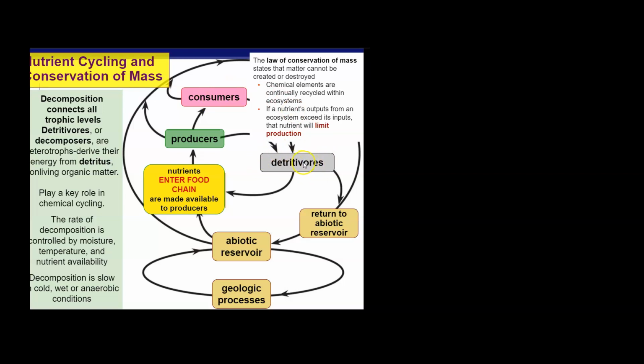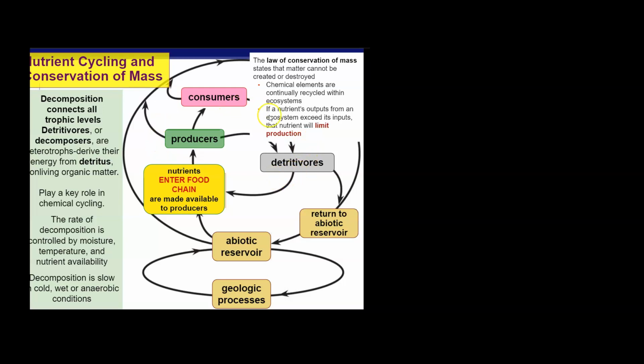So decomposition is going to connect all of the different levels within an ecosystem, all the trophic levels, because they're going to be the ones that are able to take the nutrients and put them back into the food chain. So they're able to break down whatever chemicals we are looking at in terms of the cycling.